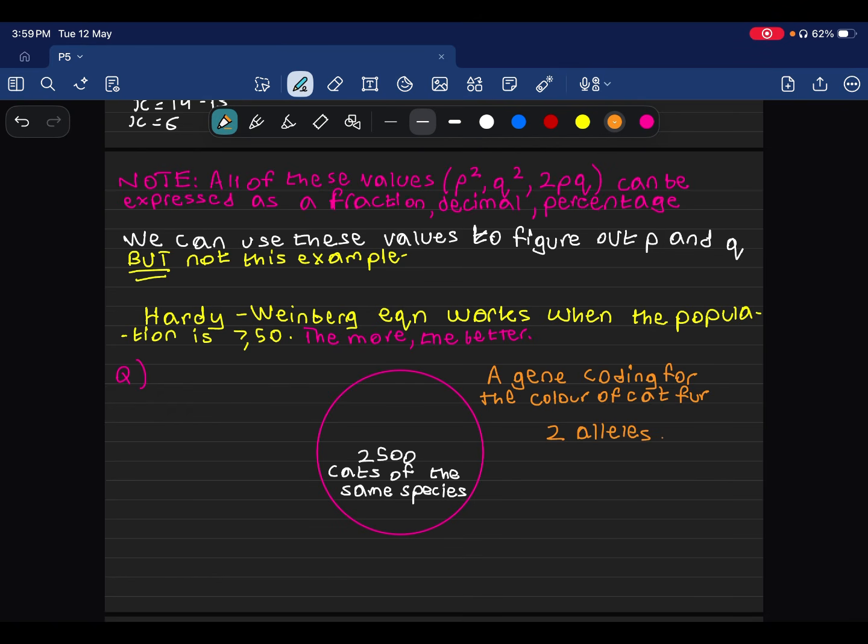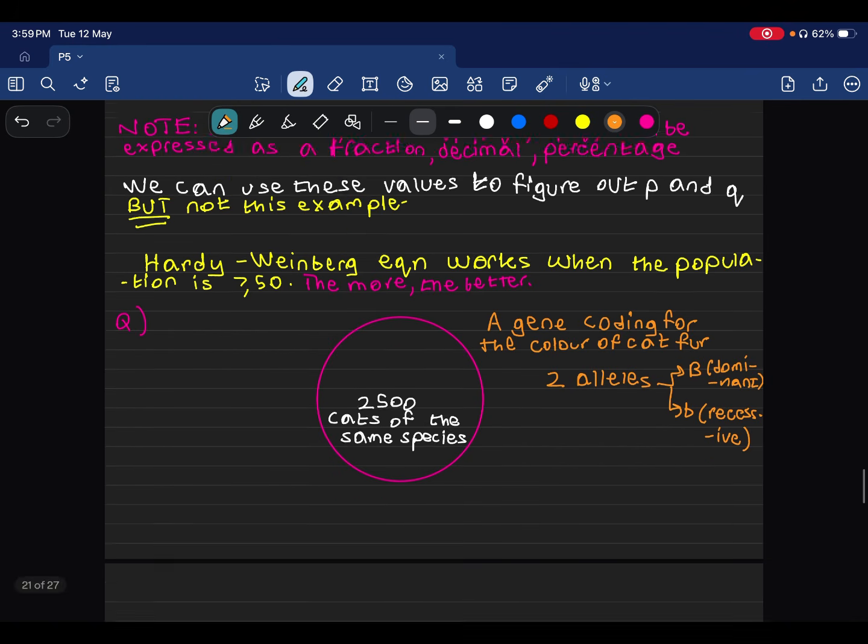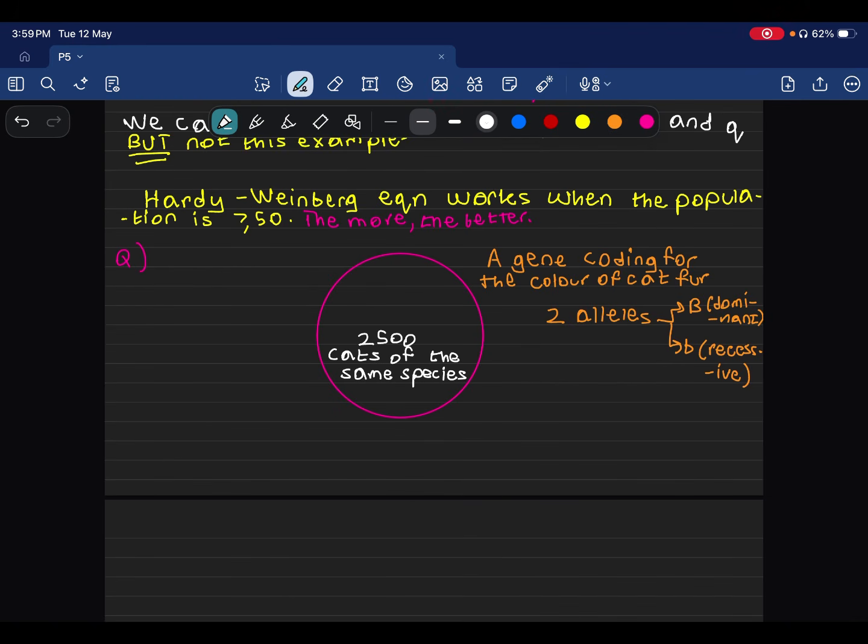One of the alleles is capital B. So this is the dominant allele. And the other one is the recessive allele, which is the small b allele. Now, obviously, monohybrid inheritance, you don't have any codominance here. Only three genotype combinations exist: homozygous dominant, heterozygous, homozygous recessive.